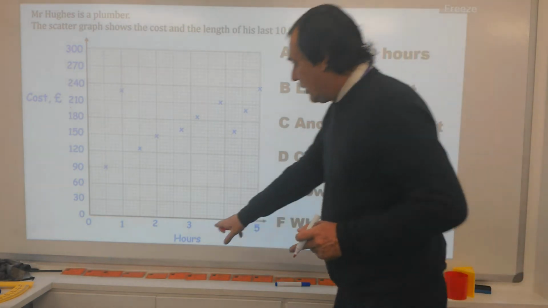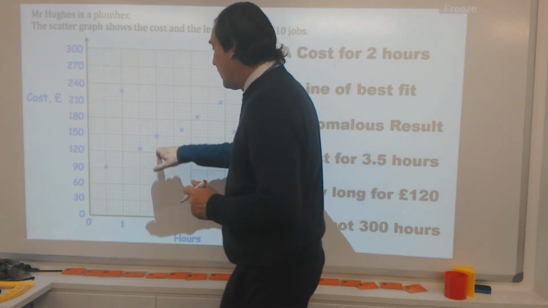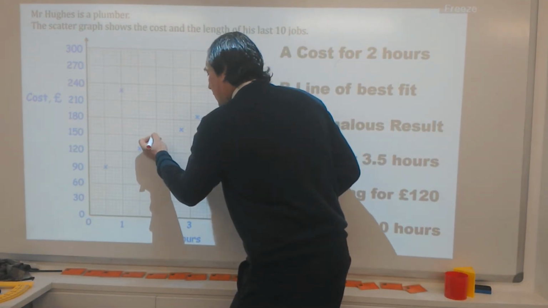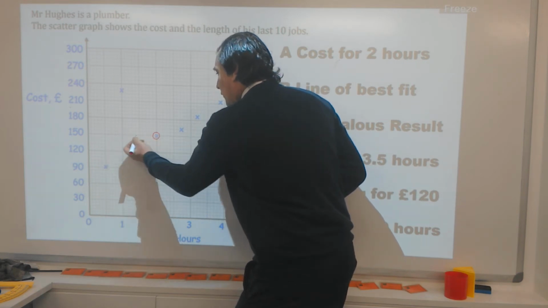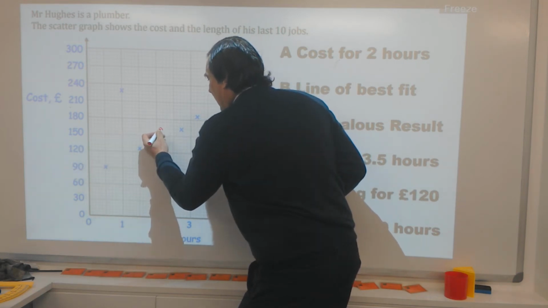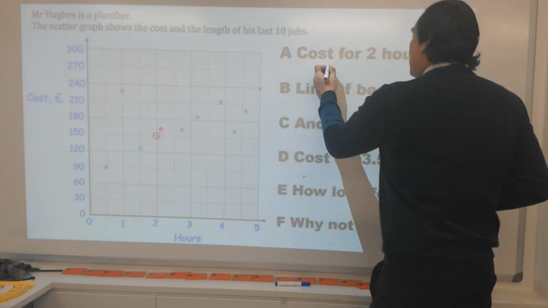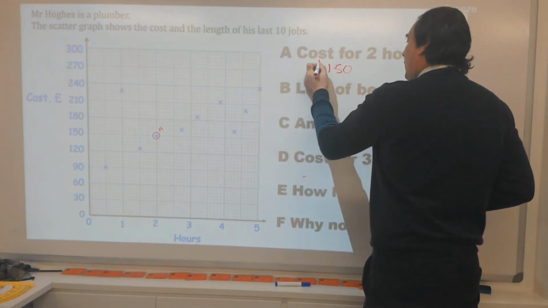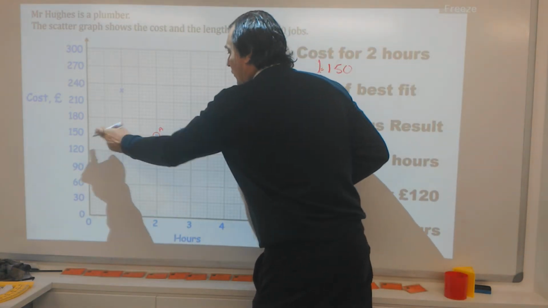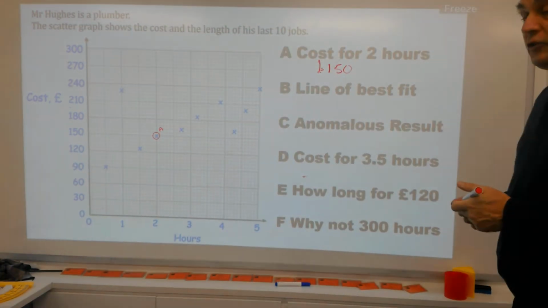So if we look at our hours here, there's 2, we go up to the cross here, mark that there, 100, we can read across, so we'll put a little A there. So £150, if you can see, up from 2 across 150, would be the cost the plumber would charge for 2 hours work.